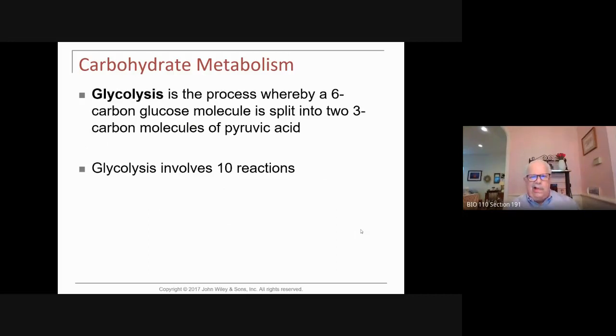Glycolysis is the process where a 6-carbon glucose molecule, C6H12O6, is split into 2 3-carbon molecules of pyruvic acid. Glycolysis involves 10 reactions. You don't have to know all those reactions.